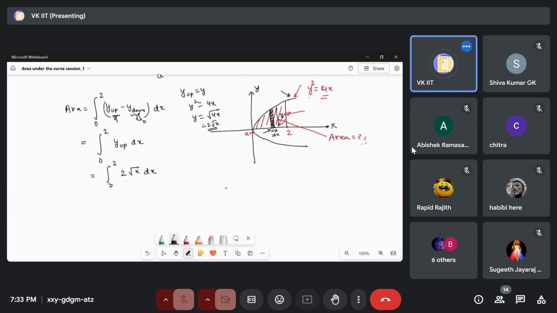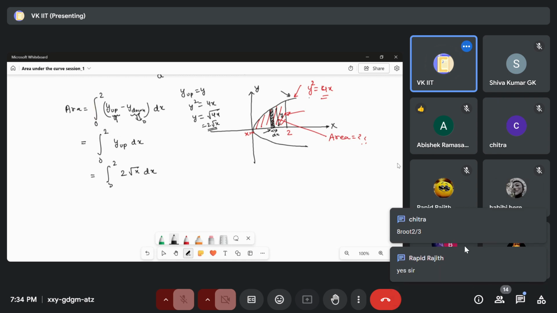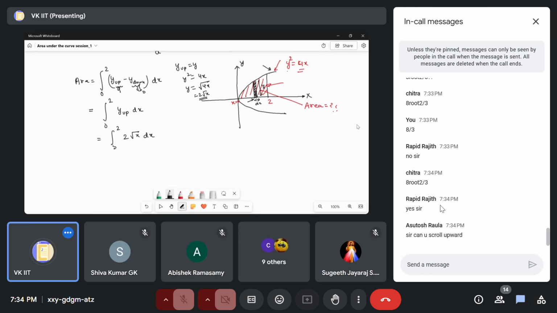Is that clear? Any doubt in this part? Yes, quickly tell me, then we'll go forward. I hope that everything is visible to everyone, right? Okay, good. 8 root, whatever you will be getting, it's up to you. Scroll upward.